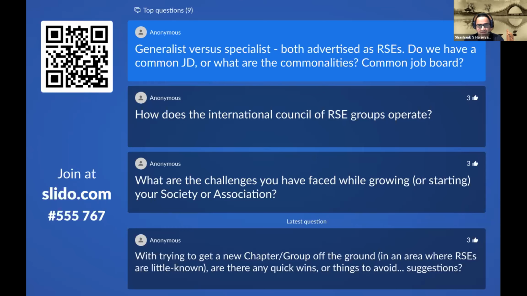as we just discussed, the UK job board works very well. So trying to promote it as a more international thing, where you also have different jobs at different levels of seniority, something of that sort, coming out of a working group from people involved over here, or preferably even under the aegis of the International Council of RSEs.